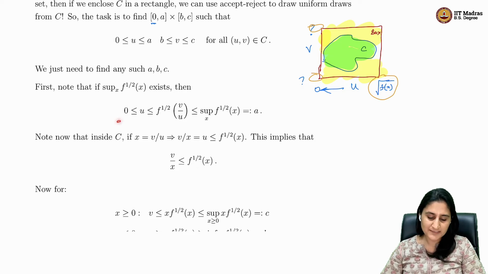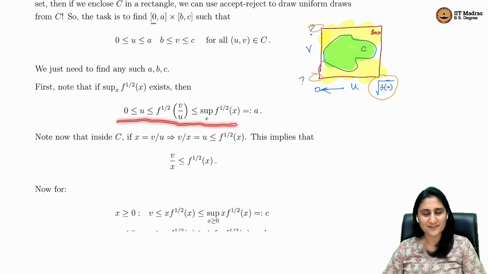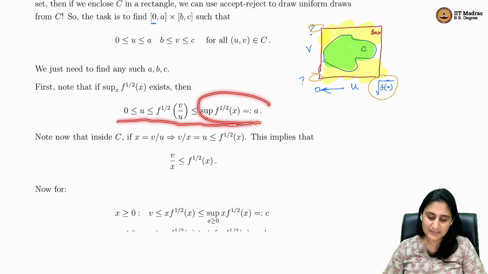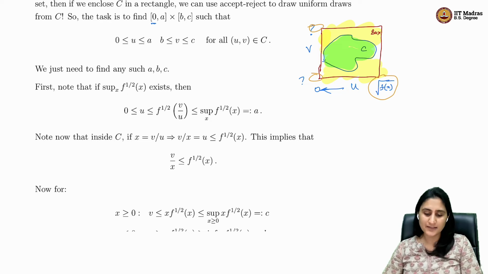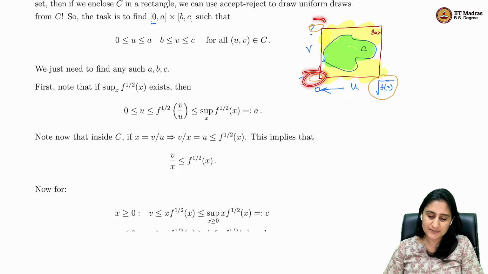So 0 is less than or equal to u, which is less than or equal to square root of f of v by u, which is naturally less than or equal to the supremum of square root f of x, which I denote as A. So A I get very easily: given any target density, if I can find the supremum here, that gives me A. Now I need to find B and C.